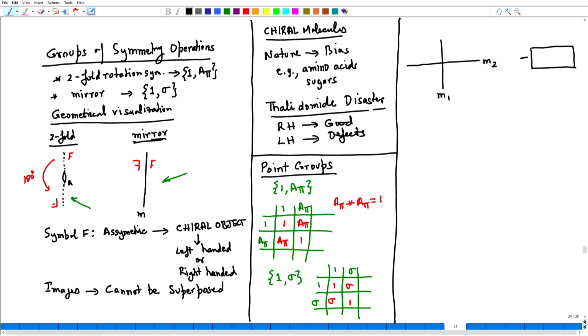So, I have the two mirrors M1 and M2. Now, let us take our asymmetric or the chiral object, reflect it across M1.